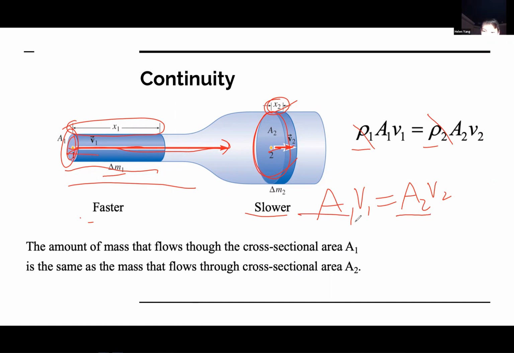So for these to be equal, this velocity will be a lot larger compared to the velocity of this one. The amount of mass that flows through the cross-sectional area A1 is the same as the mass that flows through the cross-sectional area A2. Since it's the same mass, the velocity in this area would be higher than this one. This is also a useful equation to know.